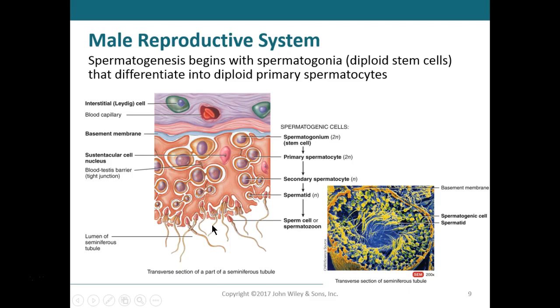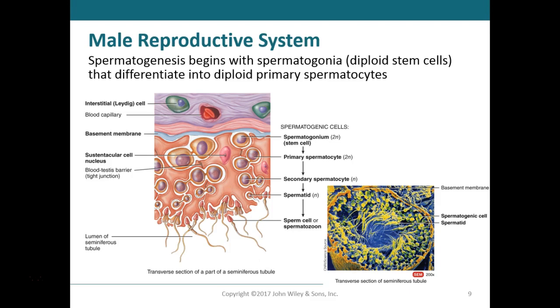Now we're going to look more in detail at this particular process. I was about to move to the next slide, and then I realized that I didn't say anything about the interstitial cells. In the spaces between the seminiferous tubules, there are clusters of cells called interstitial cells. You can see a couple of interstitial cells here. They're usually found in large clusters between those seminiferous tubules.